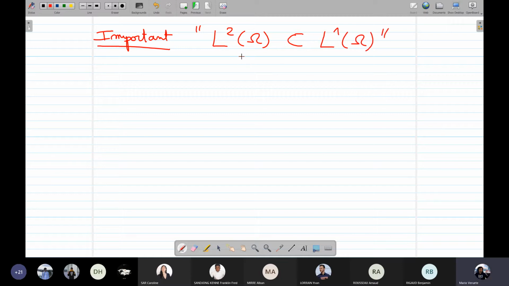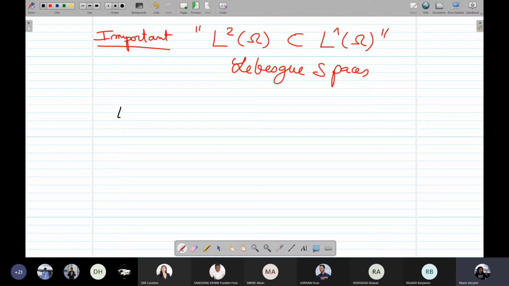Later we will see they are the Lebesgue spaces. This is not true if omega is an unbounded set, but it's true in probability cases, that means with finite measure spaces.